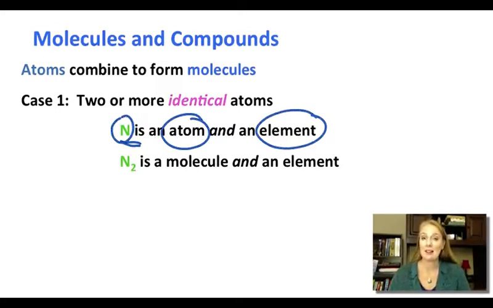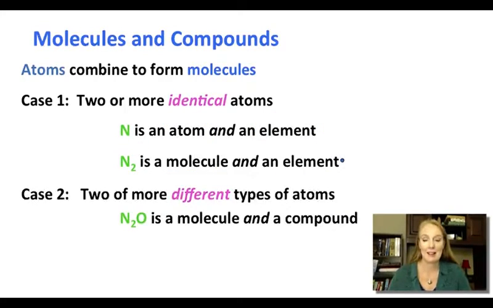But nitrogen doesn't exist by itself in nature. It likes to pair up with another nitrogen atom to make a diatomic nitrogen molecule. A molecule is a combination of at least 2 atoms. Could be more, but there has to be at least 2. Since both of the atoms in this particular molecule are made of the same type of element, we still call it an element, even though there's more than 1 atom.